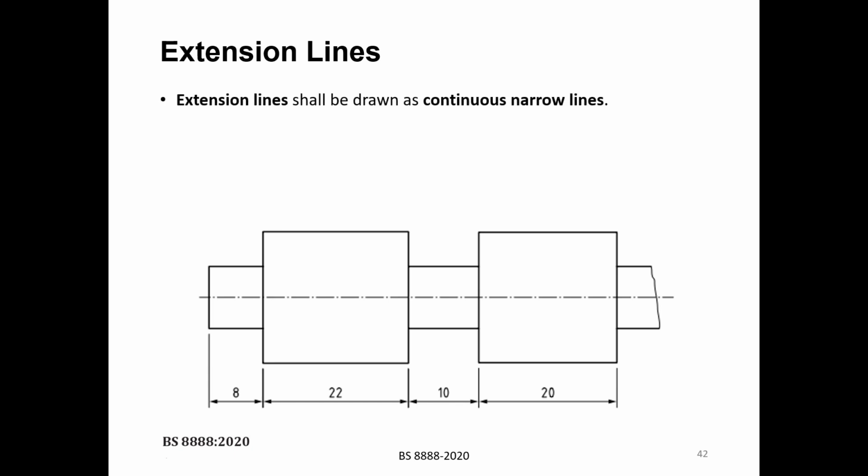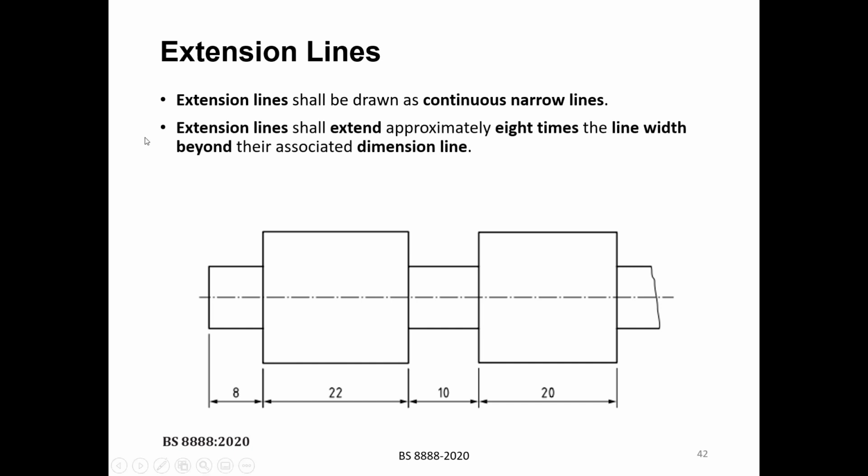About extension lines, there are some rules and notes to remember. First, extension lines are these vertical lines here. They are all shown as continuous narrow lines, similar to the dimension lines. Extension lines should extend beyond the dimension line. So if this horizontal one is the dimension line, you see the extension line goes beyond the dimension line a little bit, by about 8 times the line width that we use.